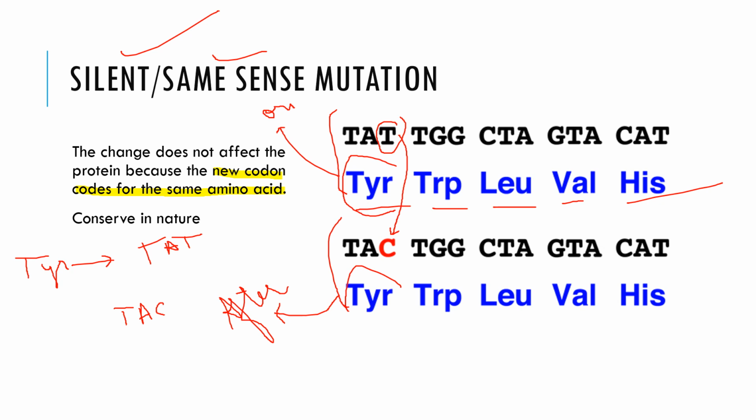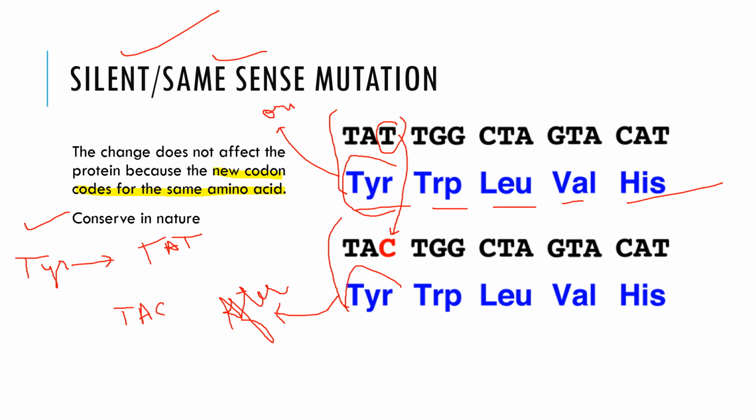It is also said that silent or same sense mutation is conserved in nature because it will not affect the structure of protein. The amino acids present before mutation are the same as those present after mutation. The only difference is the change in codon.